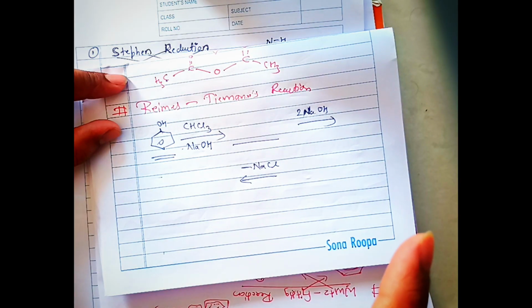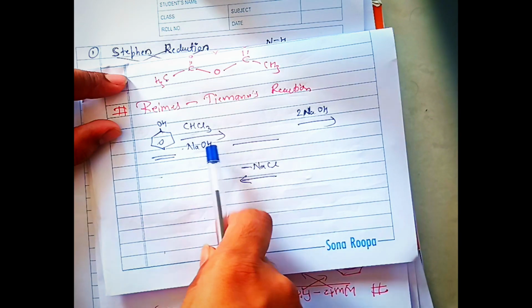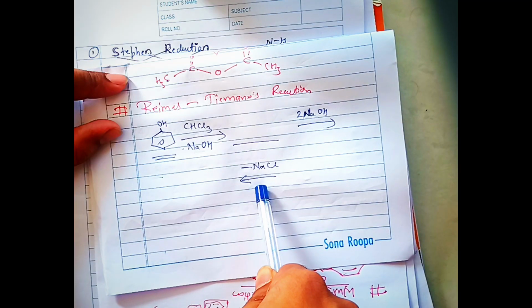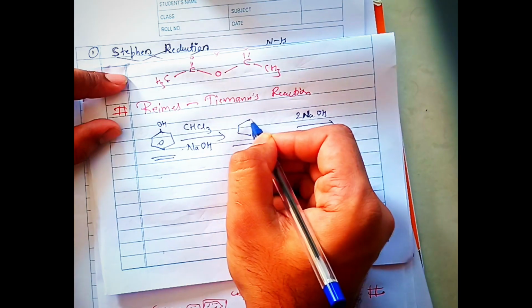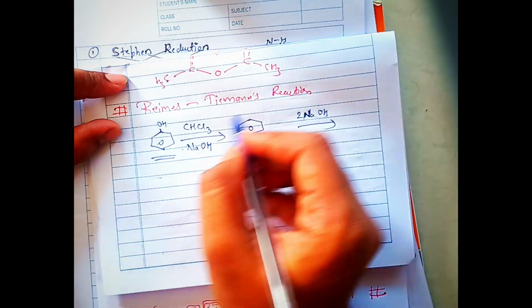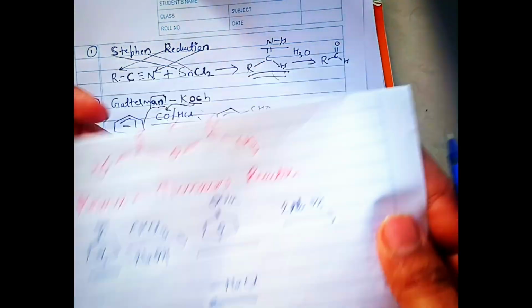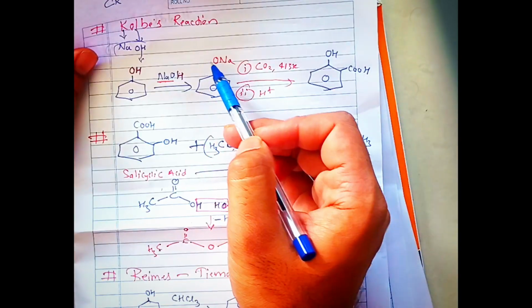For the Reimer-Tiemann reaction we can take 3 steps: 1 NaOH, 2 NaOH, and then minus NaCl. Okay, now here we can just add benzene, and then what we have written here is the same reaction. See here, ONa, right?